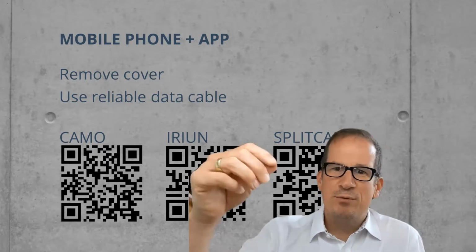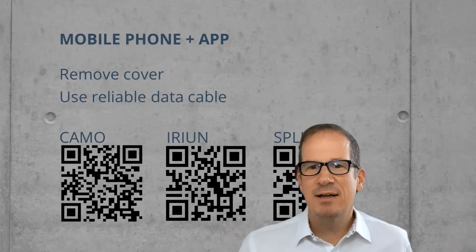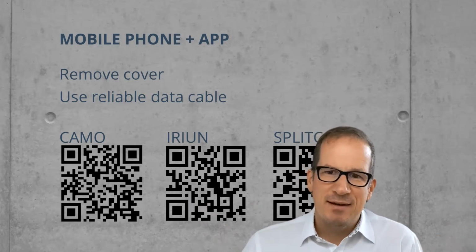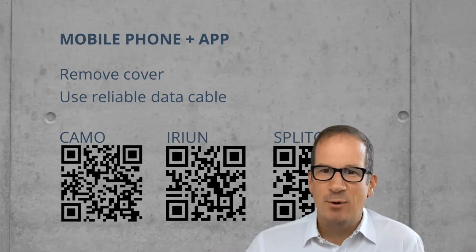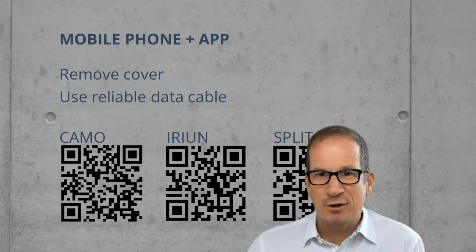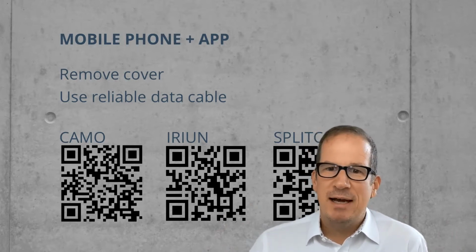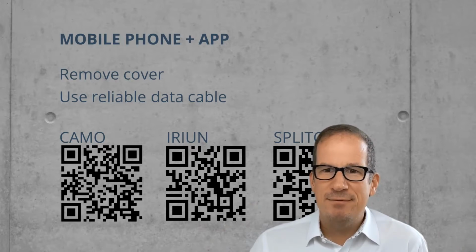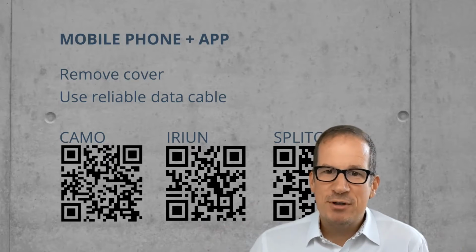If you move around the camera and you adjust something, then the connection breaks if the cable doesn't fit very well. So if you consider this, remove the cover and get a good data cable, then everything should be fine, and you have a very nice setup for a really clear and crisp picture.